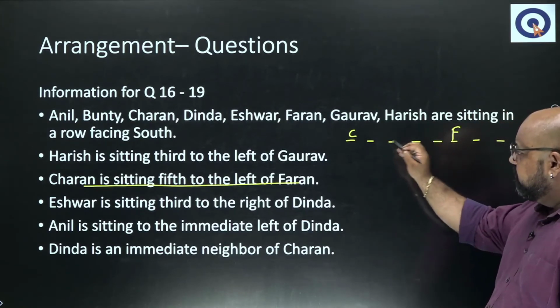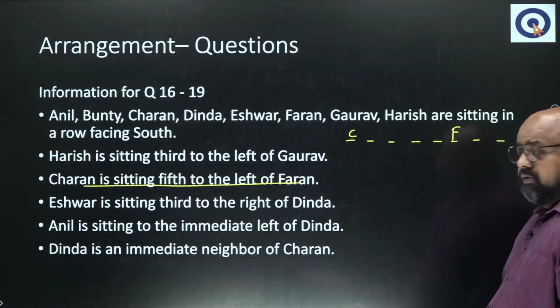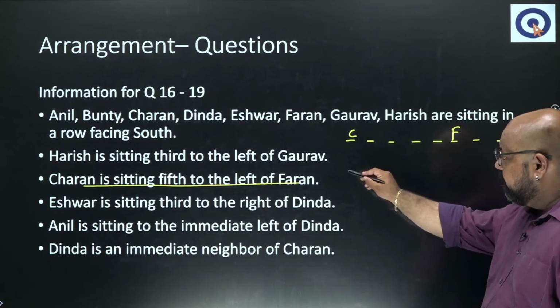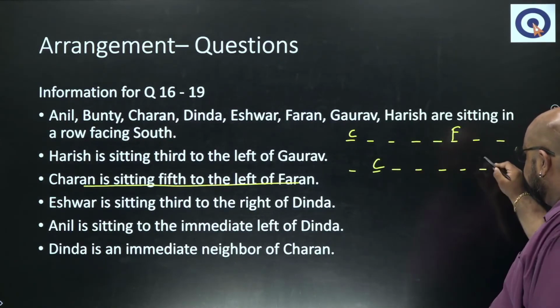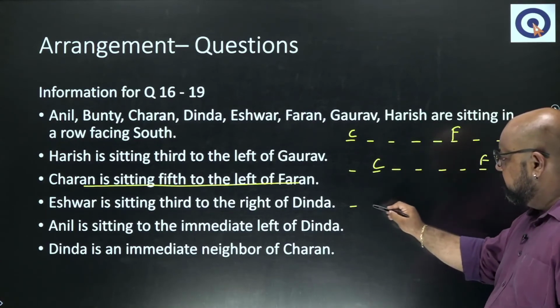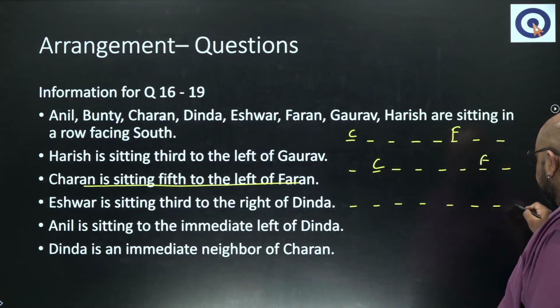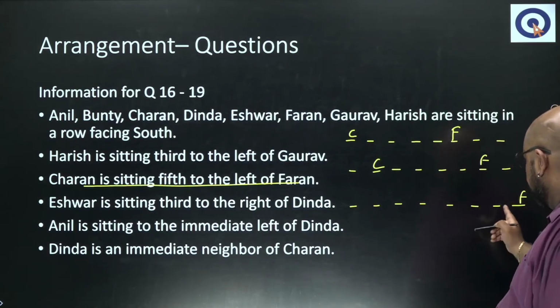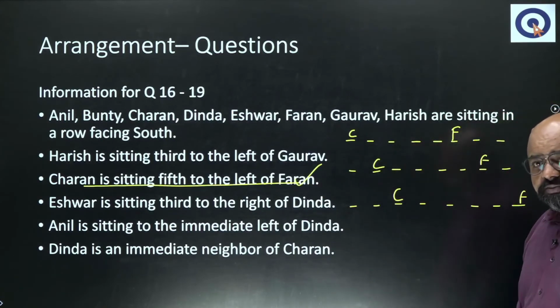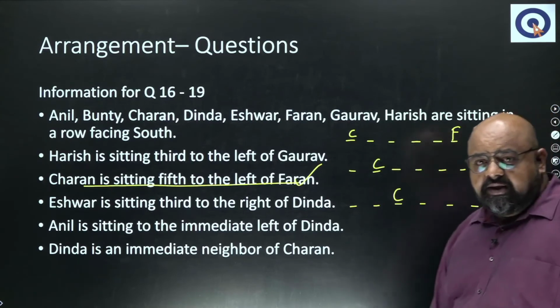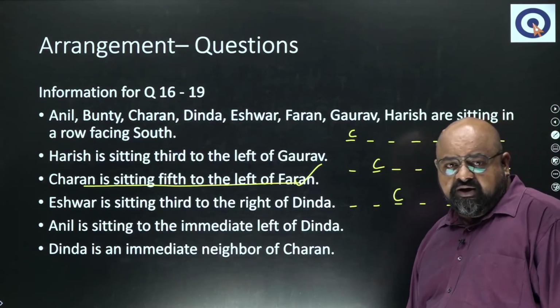This is one possibility. Or Charan here and Farhan on this side. Or Farhan here, Charan, 1, 2, 3, 4, 5. This statement is used, there are 3 possibilities. Any further information about Charan or Farhan?